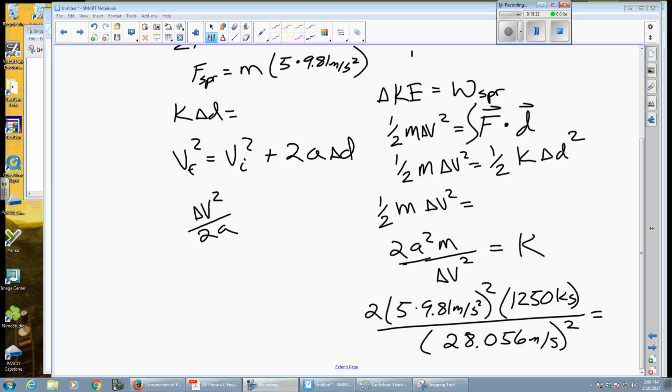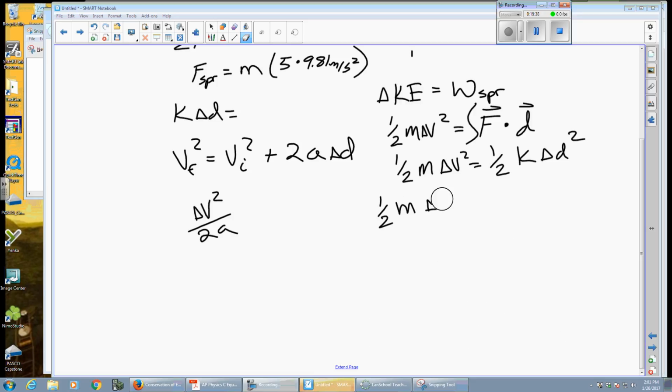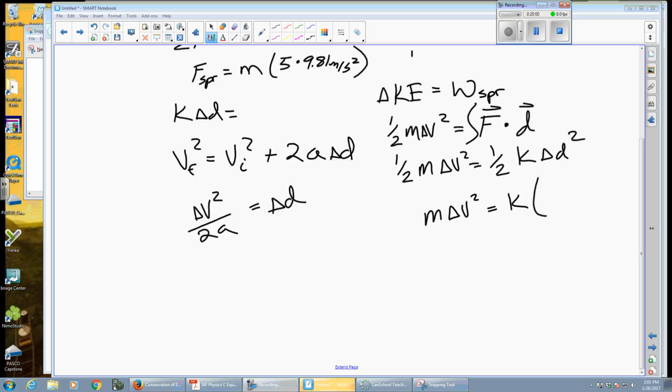Okay. So we'll just rewrite this part. Start right there. So we have M delta V squared equals K. This is delta V, right? That's going to bring up 4.